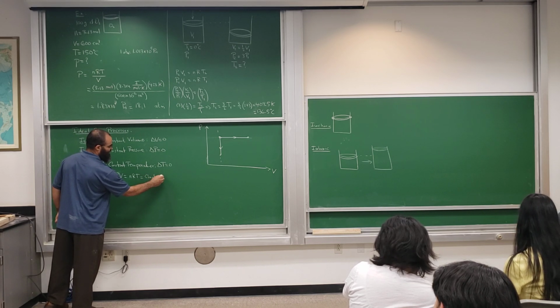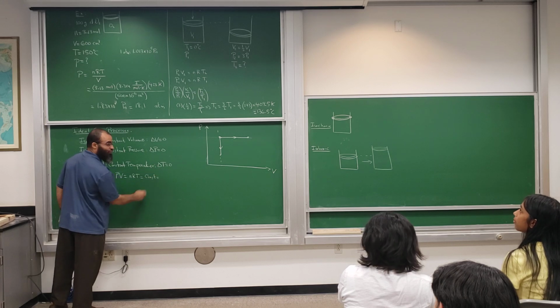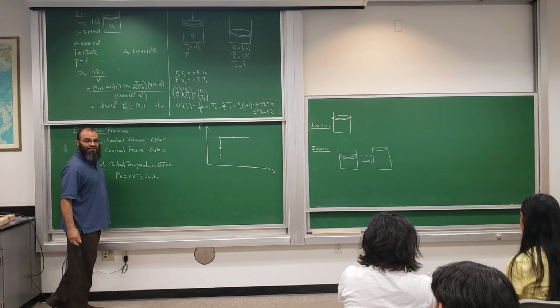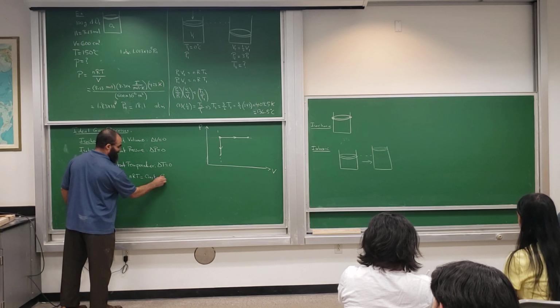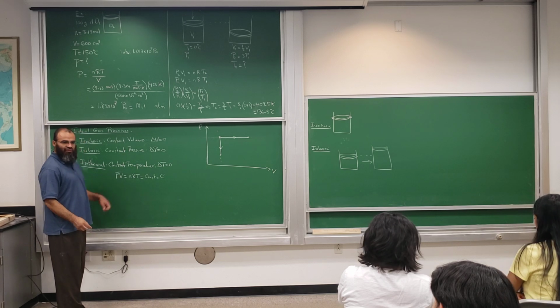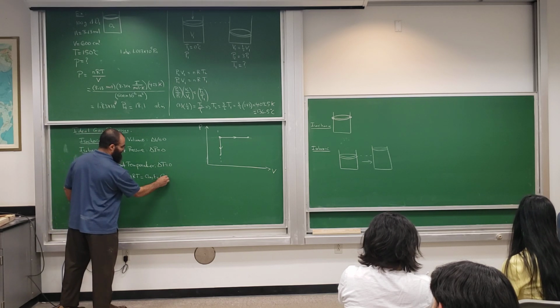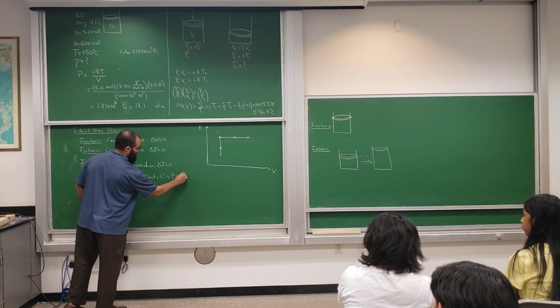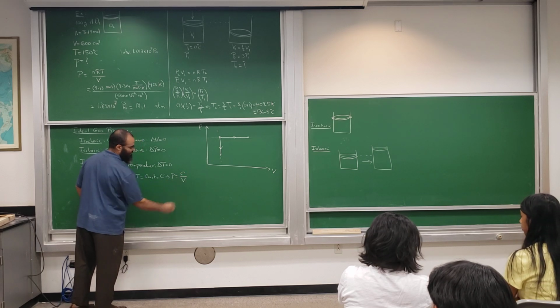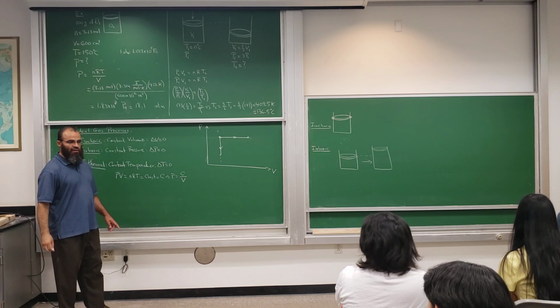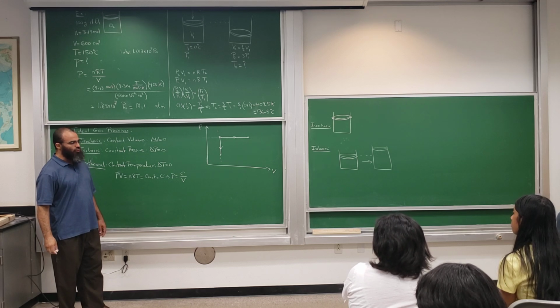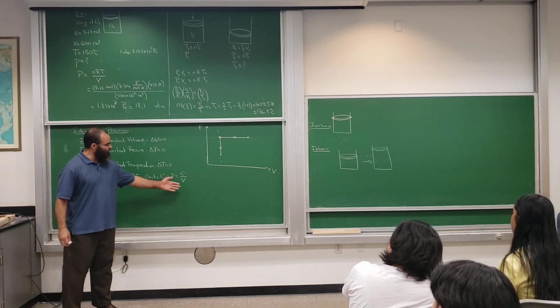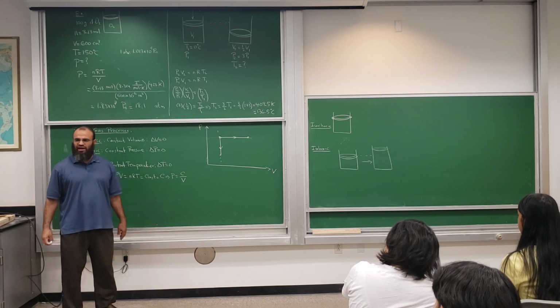Let's say that constant is C, or 5, or 10, or 1, some number. So let's call it C. Let's solve for P. That means P will equal some constant over V, right? So it's proportional to 1 over V. How do you plot y equals 1 over x?